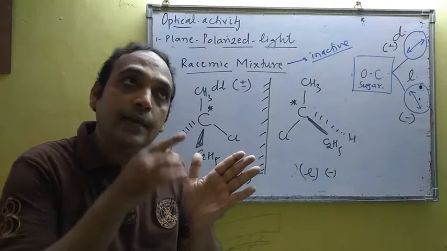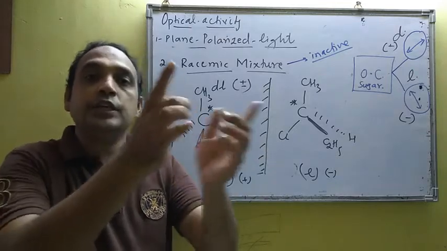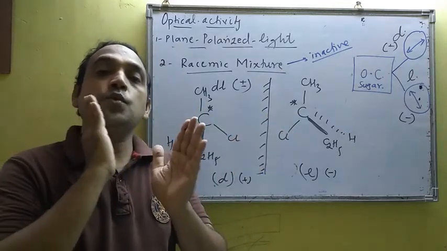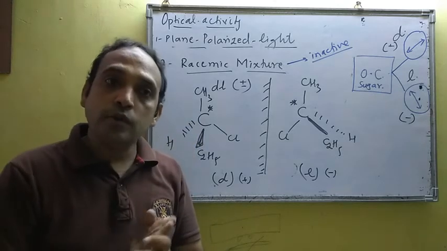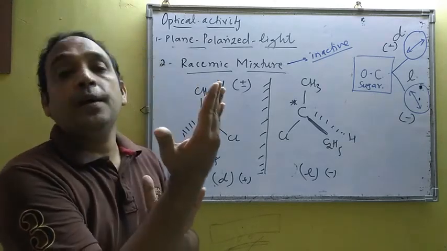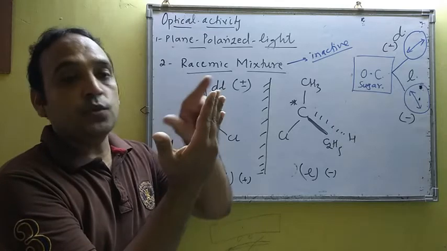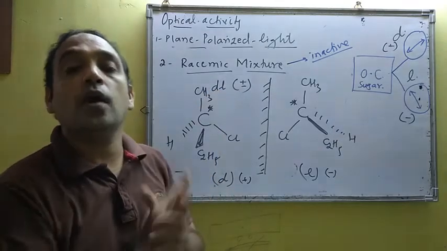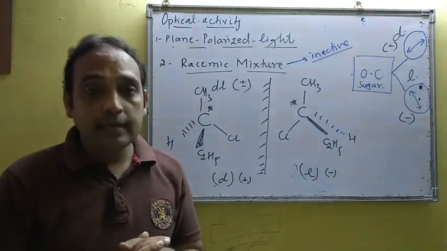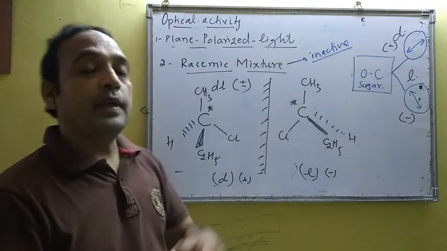Then what is plane polarized light? When ordinary light, oscillating in all directions, passes through a nicol prism, oscillation in only one plane emerges, and this is called plane polarized light. Next, what is optical activity?